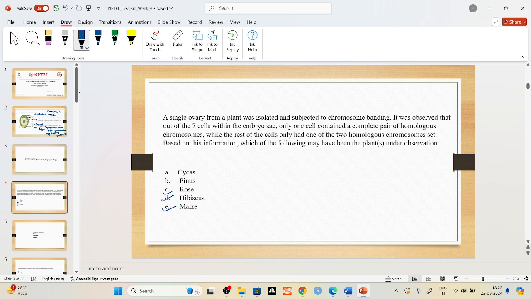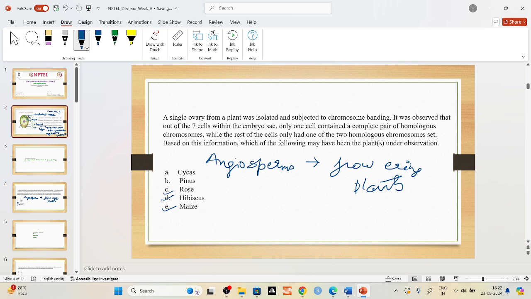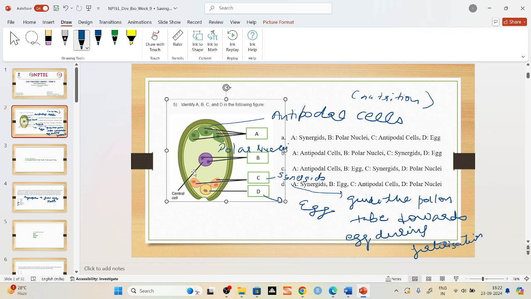Okay, so we are talking about angiosperms or the flowering plants. These flowering plants have such a kind of a system.